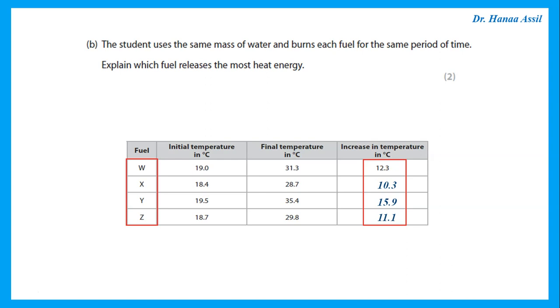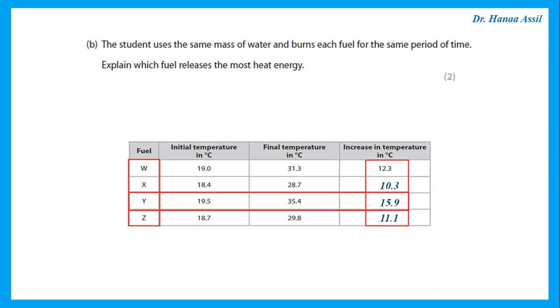Now, which fuel released the most energy? Of course, the one that released the most energy is the one that caused the highest increase in temperature. So which one caused the highest increase in temperature? So that is fuel. Why? Because it caused the highest rise in temperature.